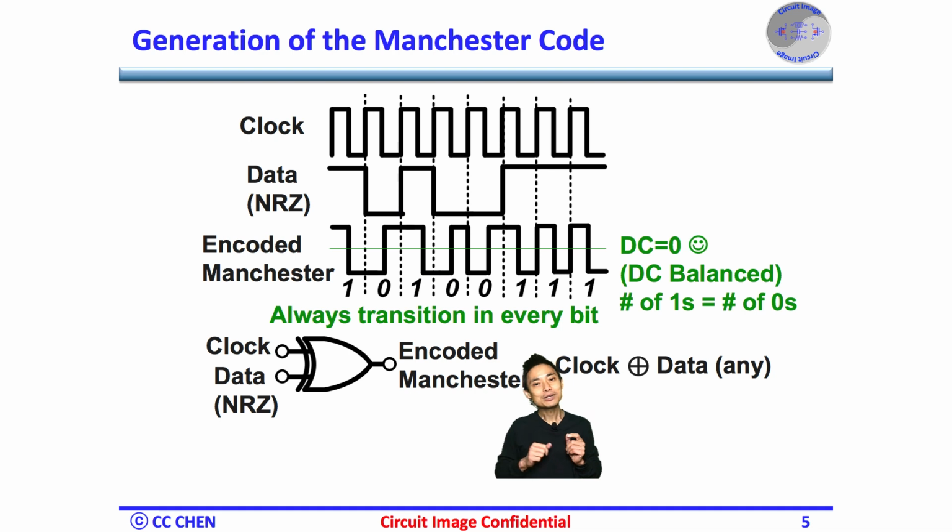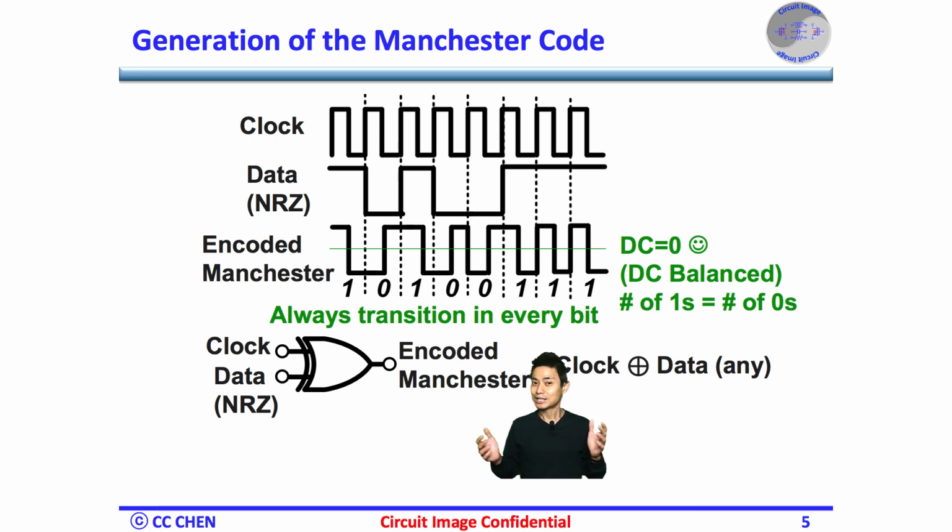Correct. It's very easy to generate the Manchester data by XOR of the NRZ data and the clock. So this Manchester data will not only help the CDR with easy synchronization without phase or frequency drifting, but also provide a minimal DC block capacitor size in an AC coupling channel.